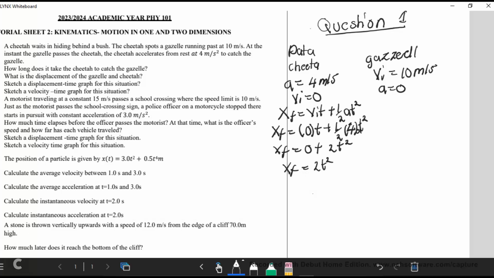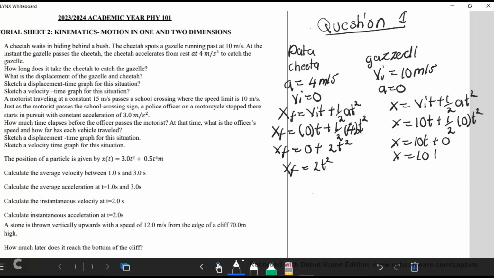How about the gazelle? On the gazelle we use the same equation. The initial velocity was 10 and the acceleration was 0, such that it is 10t plus 0. So the other equation will be 10t.